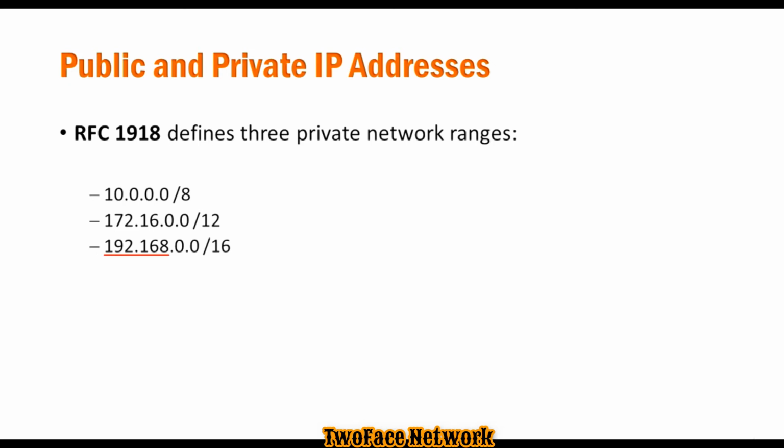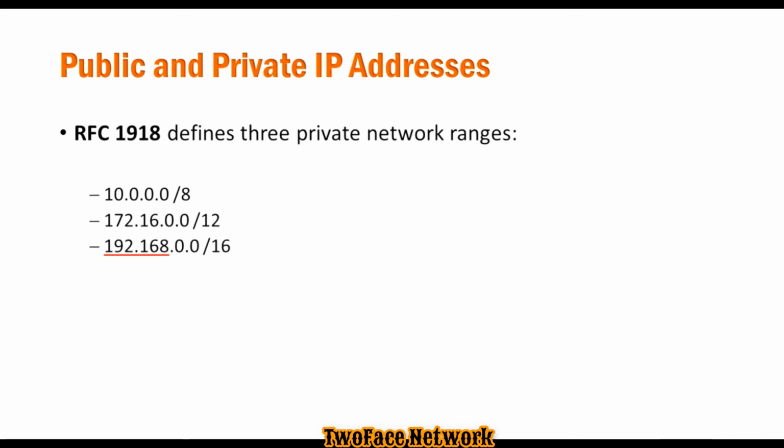Okay, now let's talk about the difference between public and private networks, or public and private IP ranges. So these 3 ranges that you see on the screen right now, these are only meant for private networks. This means that these addresses cannot go out into the internet.